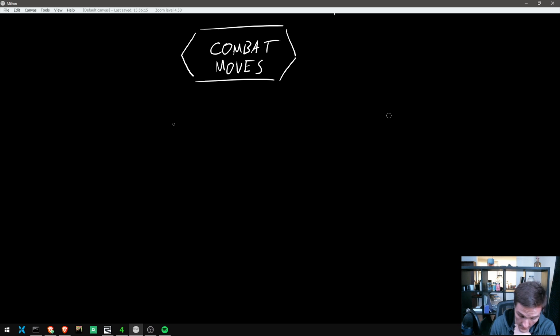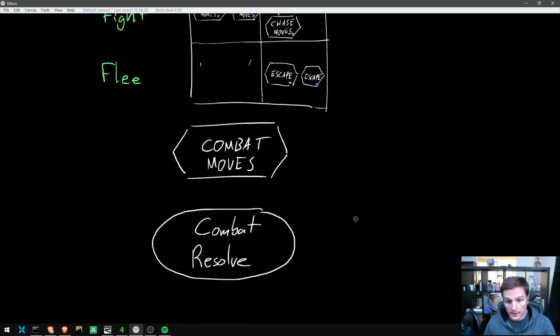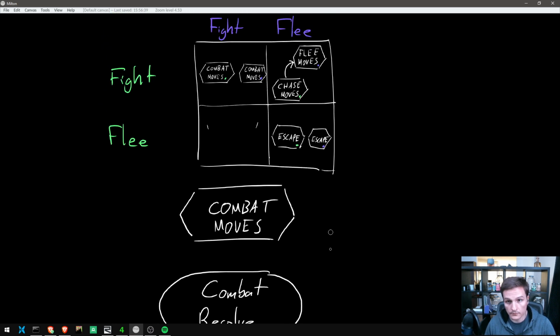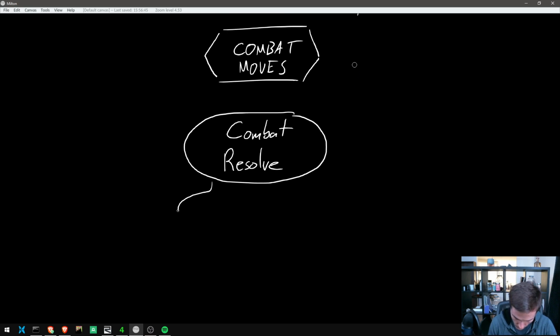That is implemented by a combat resolve logic, which can flow to another combat round, or it can lead to being done.